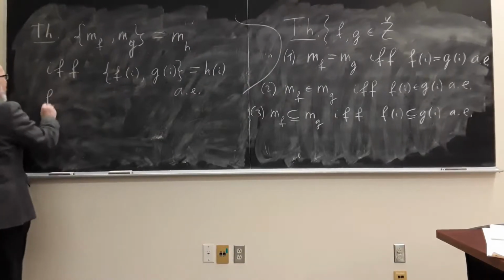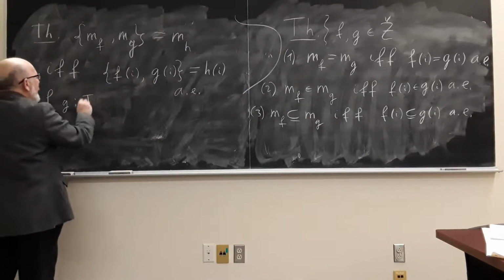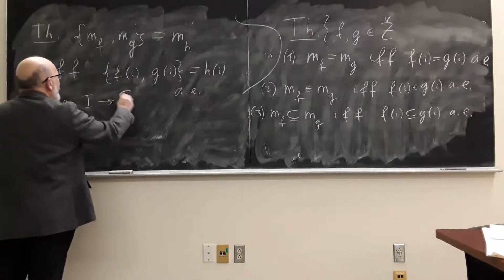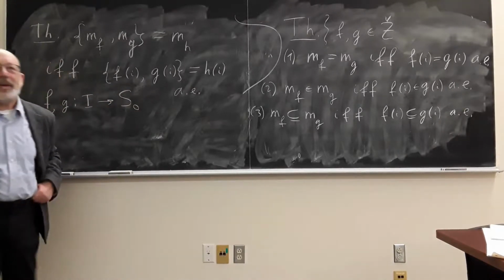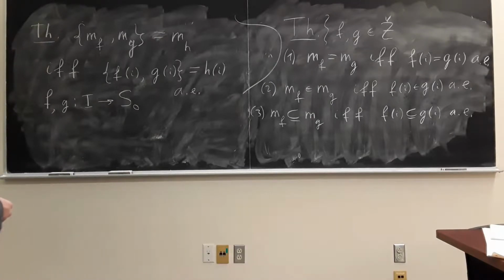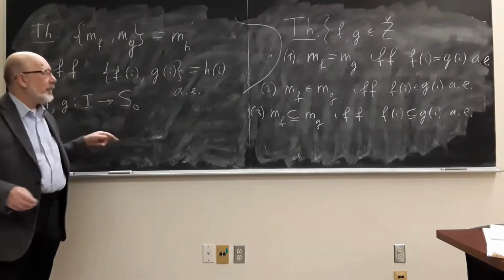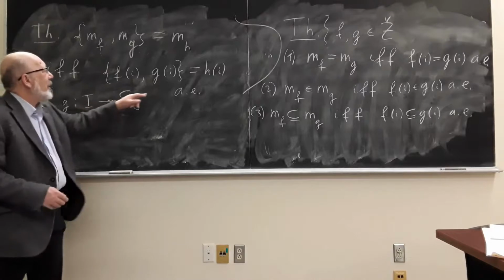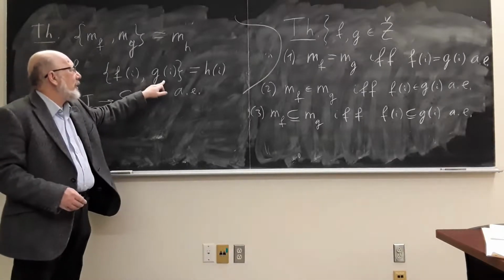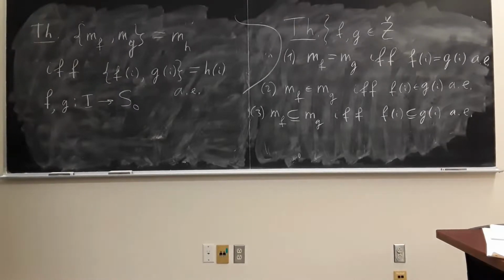So f and g are mapping I into S0. Here it is not very much important, here it can be S1 and so on. So anyway, automatically this is already in S1 for any i.